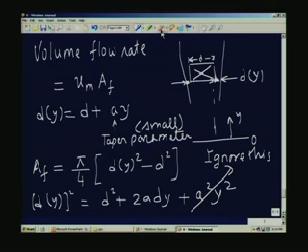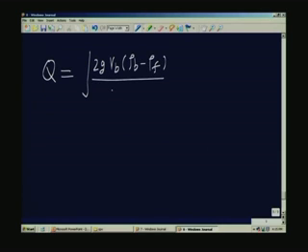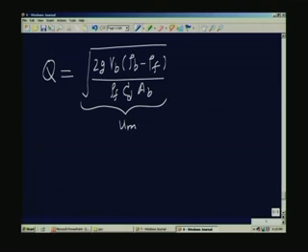So this whole thing can be rewritten by taking the difference as 2ad times y. 2ad multiplied by y into pi by 4 is equal to Af, and therefore volumetric flow rate Q is given by, already I had an expression, 2g Vb into rho b minus rho f divided by rho f into CD AB, multiplied by the pi by 4 into 2ady.